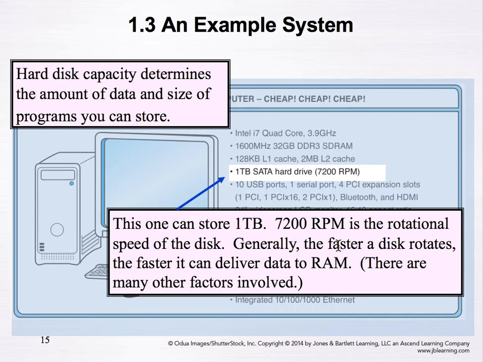Definitely the higher number of RPM is going to be better performance, because that allows the system to access the information on the hard disk drive faster than a system with a lower number of RPM.